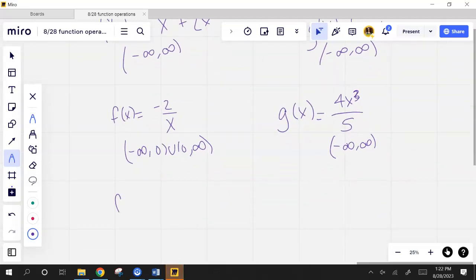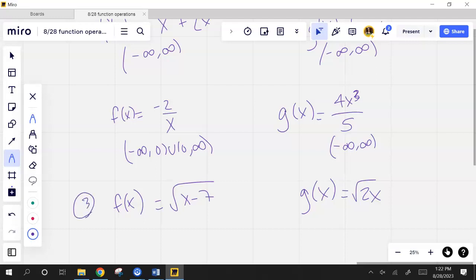How about number 3? You've got f of x is the square root of x minus 7, and g of x is the square root of 2x. The sheet I just gave you, there's 4 problems for each number. This is number 3.